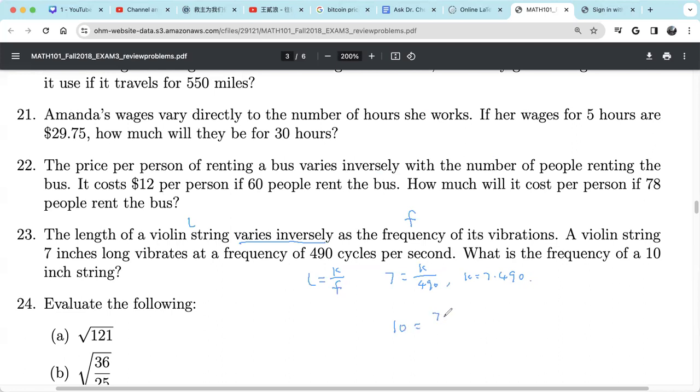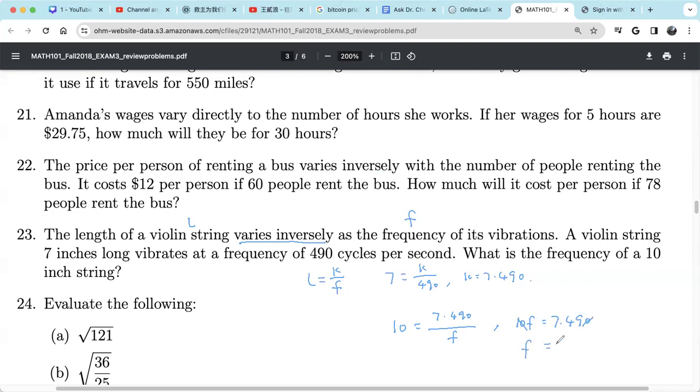Well, now we know K is 7 times 490. Hold on a second. We know the string is 10 inches long; we don't know the frequency. We want to find the frequency, F. So let's multiply by F on both sides. We get 10F equals 7 times 490. We divide by 10 on both sides, so kill this 0.